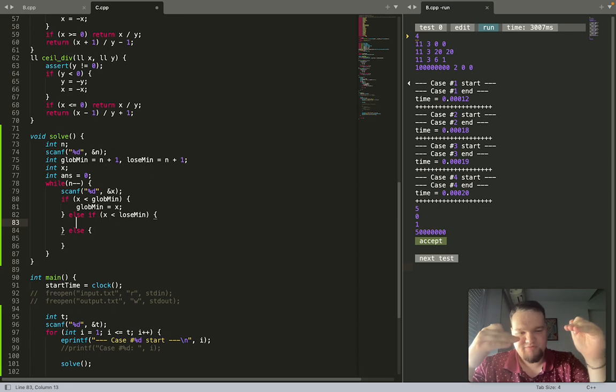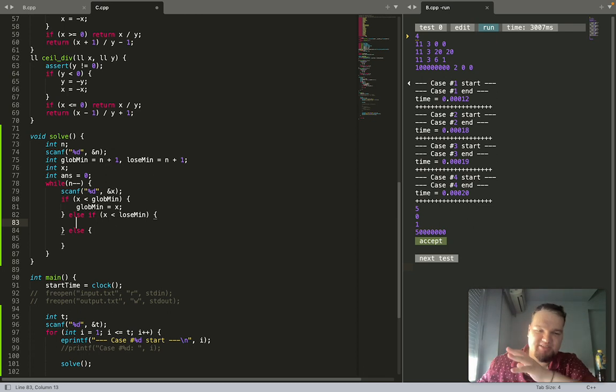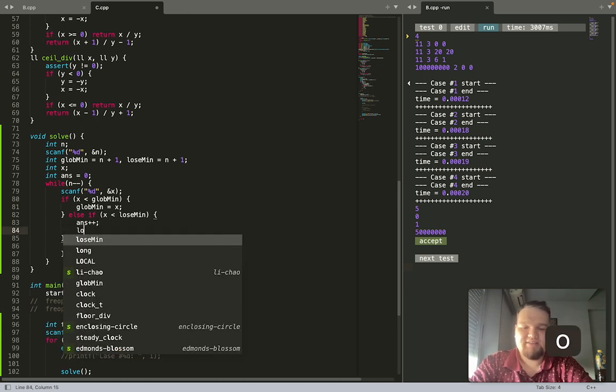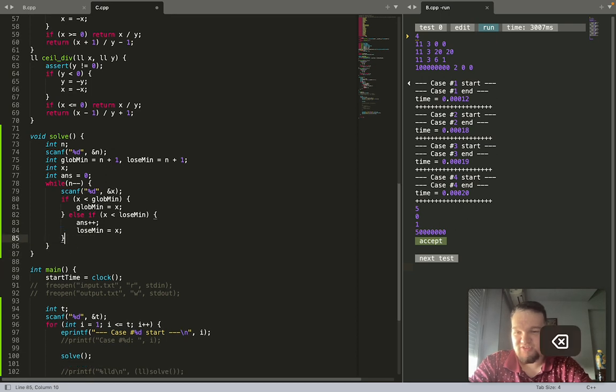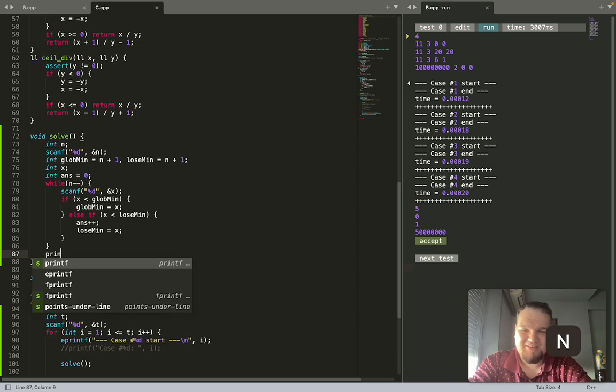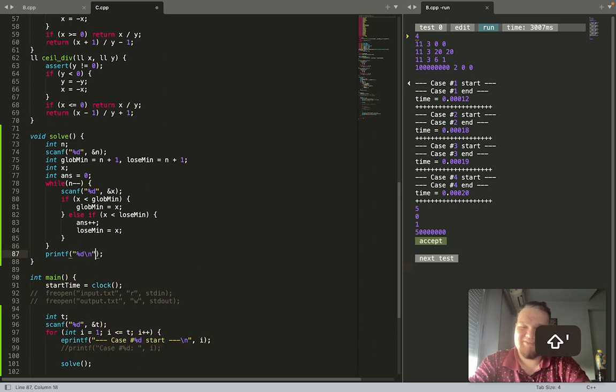There are moves from it because there is a smaller element, but all the smaller elements are winning positions, so it is a losing position. We increase the answer and it becomes the new losing minimum because it is smaller than the previous losing minimum. And otherwise it is a winning position and we don't have to change anything, so we can even do it like this.